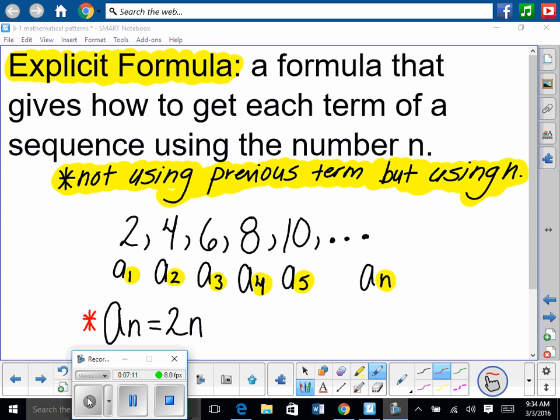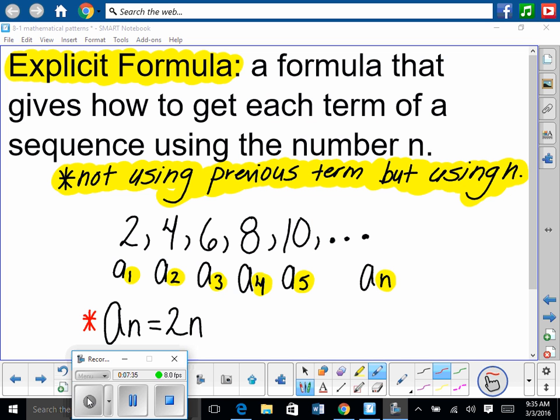We have to write an explicit formula in terms of n, where n is the number of the term you're on. So remember, this is a sub 1, a sub 2, a sub 3, a sub 4, a sub 5, and then a sub n, right, everybody? So we're going to be writing a formula in terms of n instead of previous terms.